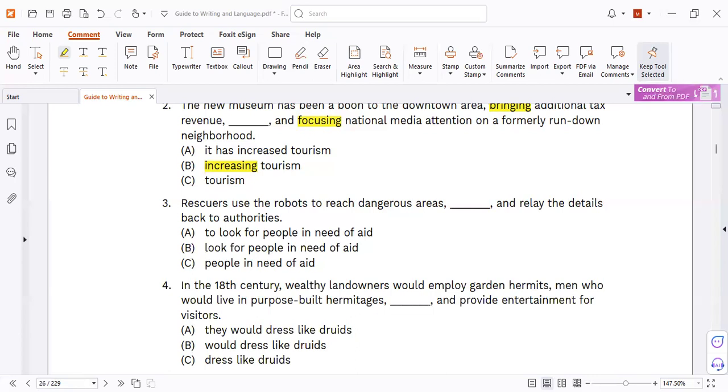Letter B, sure. Yes. So here, infinitive, infinitive.